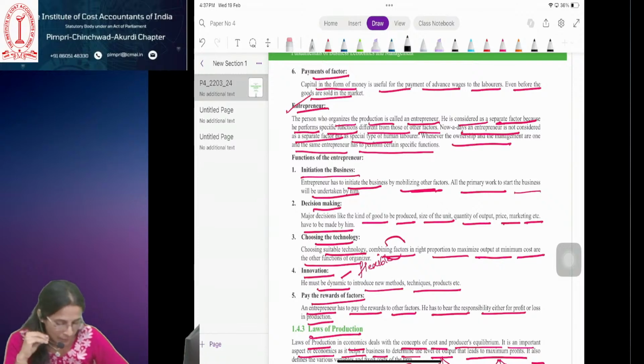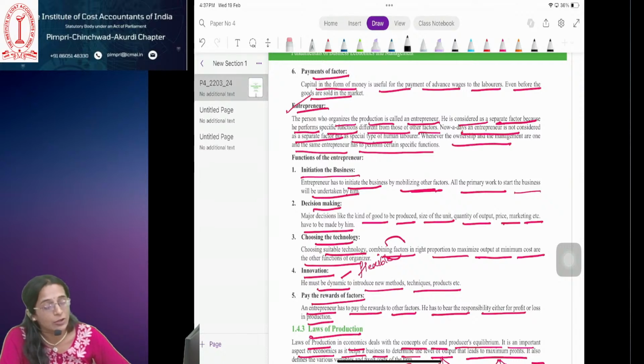Innovation. What innovation can the entrepreneur do? With the help of suggestions from the people who are working in the organization, every organization tries to make improvements in their process, right guys? If we are doing a certain thing in a certain way, every time, with the help of suggestions from the laborers or from the technical experts in that field, we try to improve the process and the efficiency of the process, so that what will happen?